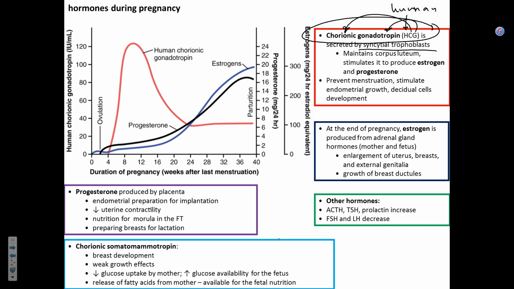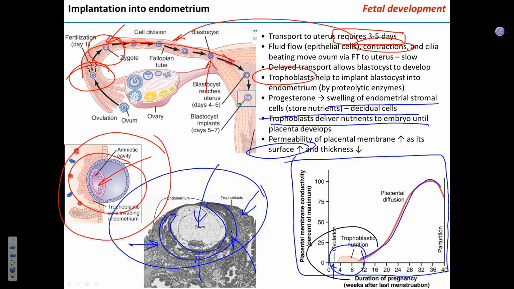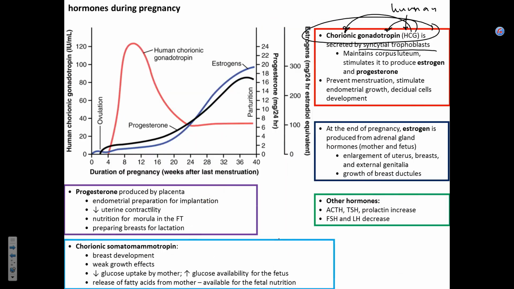Remember, we talked about this. You see how trophoblasts reach a maximum function at about week 6. In this graph, you can see that chorionic gonadotropin produced by trophoblasts reaches its maximum at around week 8, slightly after.